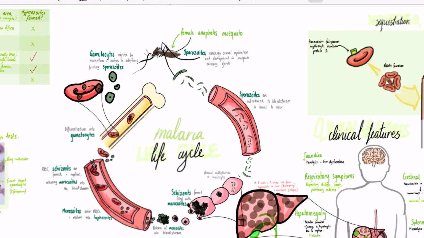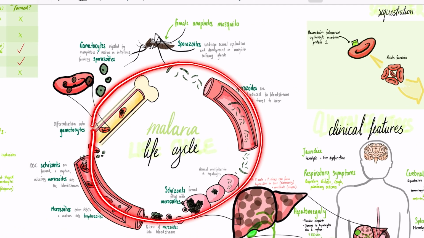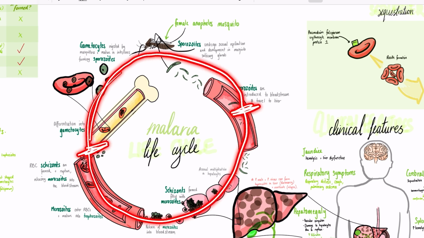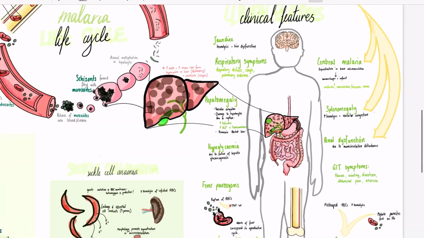Again, we've got our life cycle here, and every single time we get to this stage where our erythrocytes are rupturing, we're going to get an increase in those pro-inflammatory cytokines, leading to a fever. But the fever will kind of chill out around here and then come back around here, and that's where we're getting those fever paroxysms.